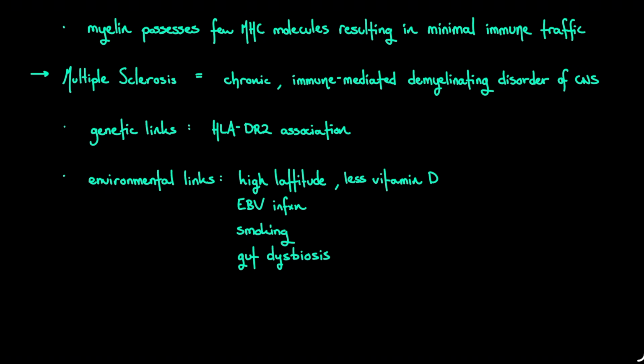Some of these EBV infections can produce compounds that look similar to myelin. So now the immune system gets confused and says, hey, I thought this was an EBV affectation. That's why I mounted a whole response against it. When in reality, nope, it was just the myelin on your nerves. Smoking is associated, as well as gut dysbiosis. But EBV is a real strong indicator.